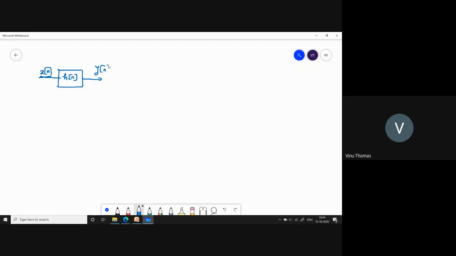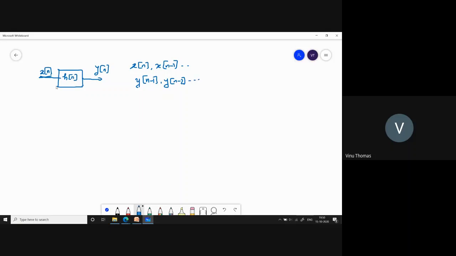And now what we are saying is that y of n depends on present and past input, so x of n, x of n minus 1, etc., and also on the past outputs, so y of n minus 1, y of n minus 2, etc., through the filter coefficients, etc.